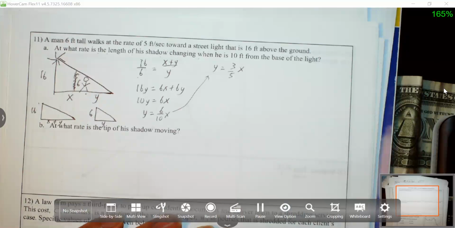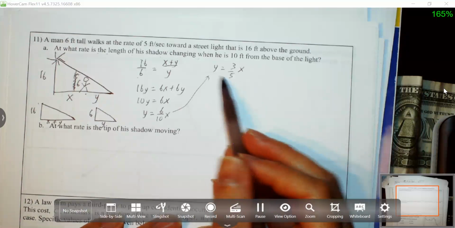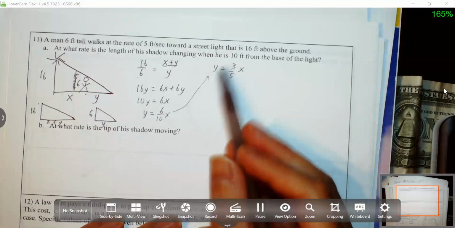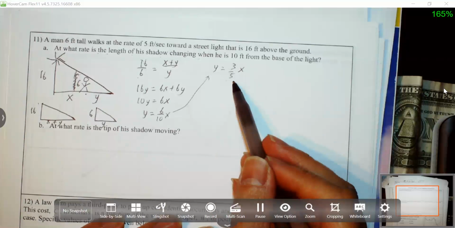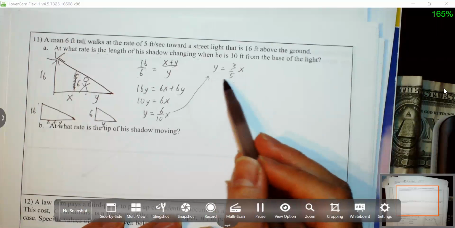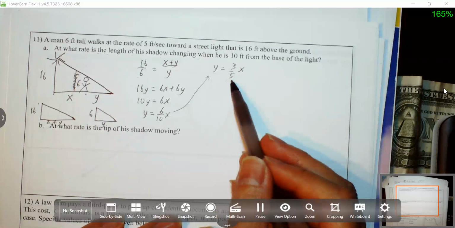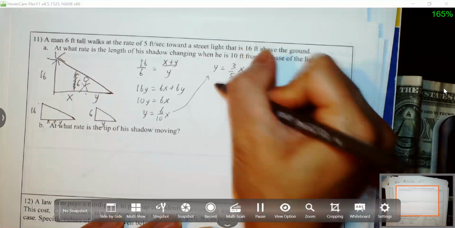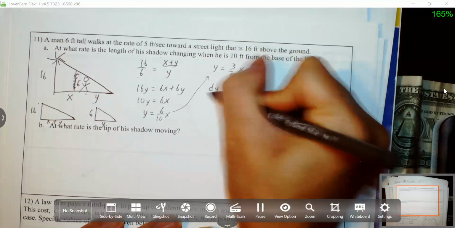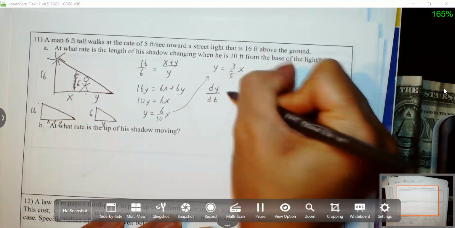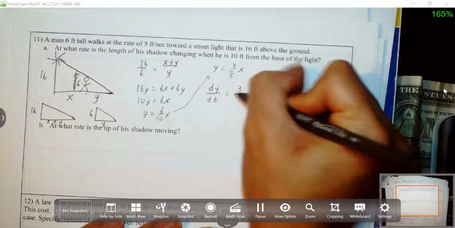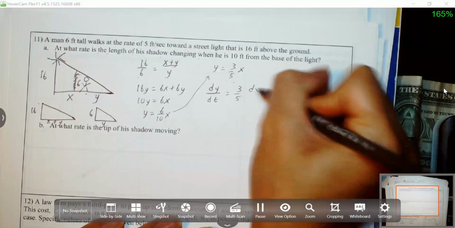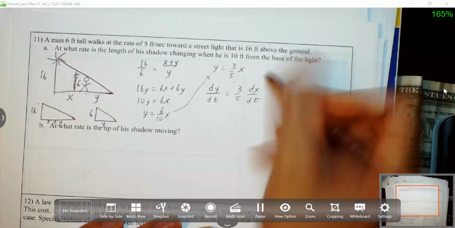Now, if this is the formula we are going to use, we're going to take the derivative. We're going to do implicit differentiation with respect to t. So I am going to have dy/dt is equal to 3/5 dx/dt.